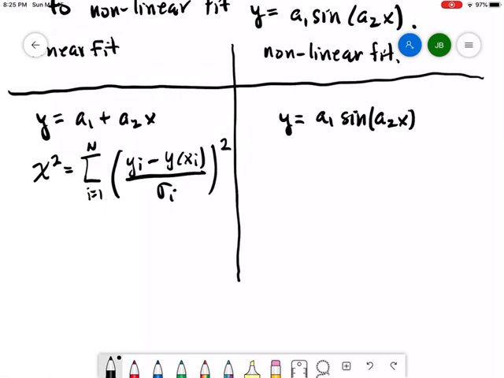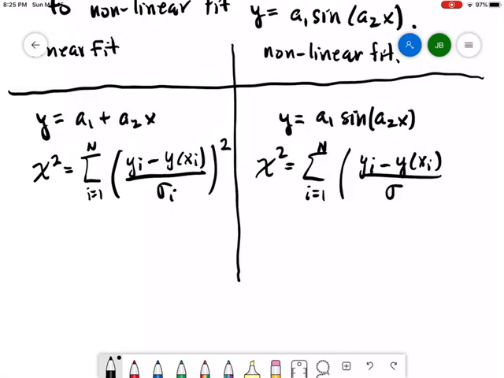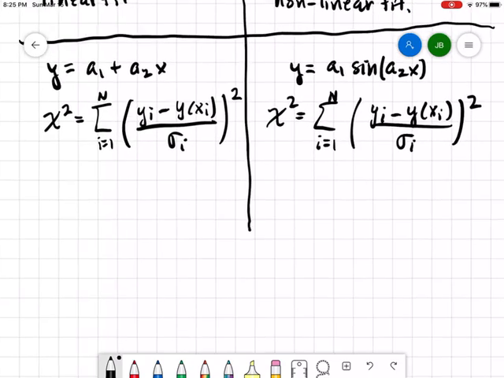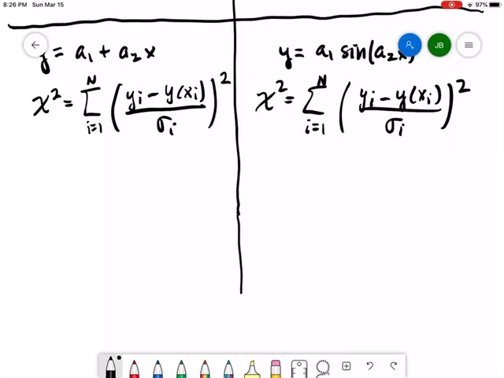Okay. And so for our nonlinear fit, let's just try to do the same thing. So I'm just going to write down exactly the same thing. Chi-squared is the measured value subtracted from the calculated value, divided by the uncertainty, and then square the whole thing. Okay, and so we want to minimize this chi-squared. So let's just substitute in the expression for our fit function.